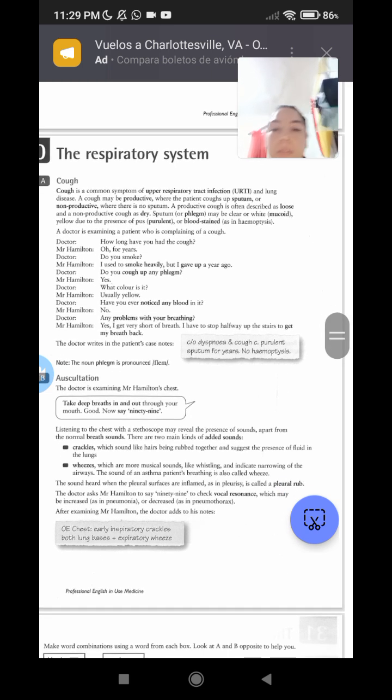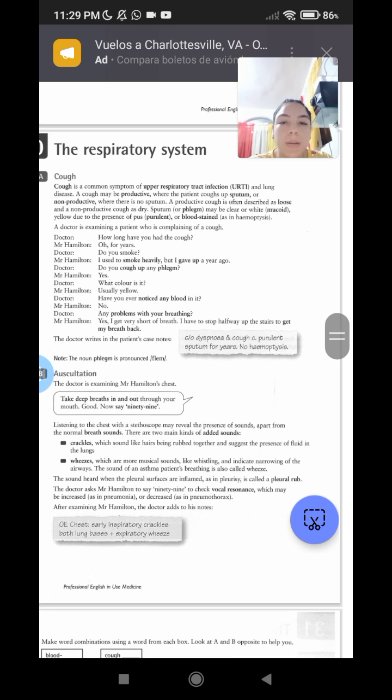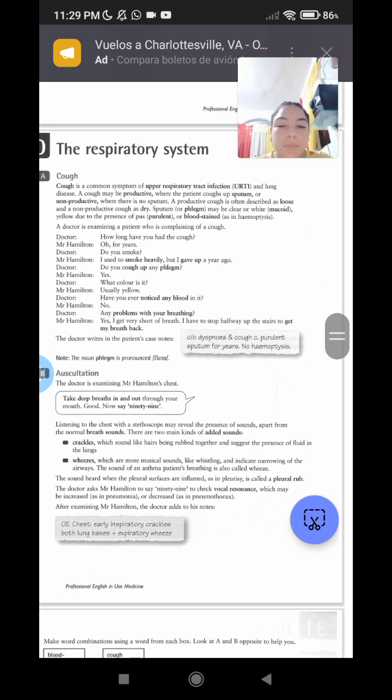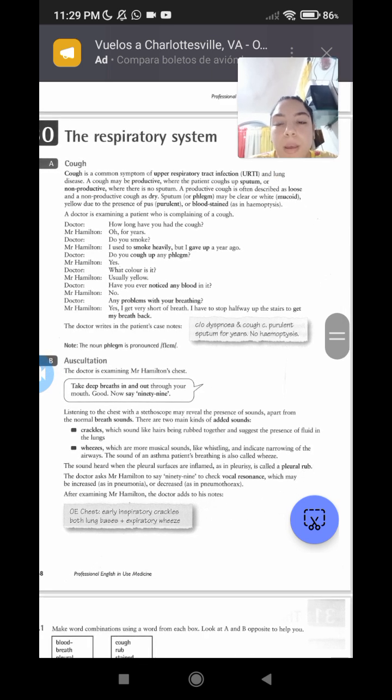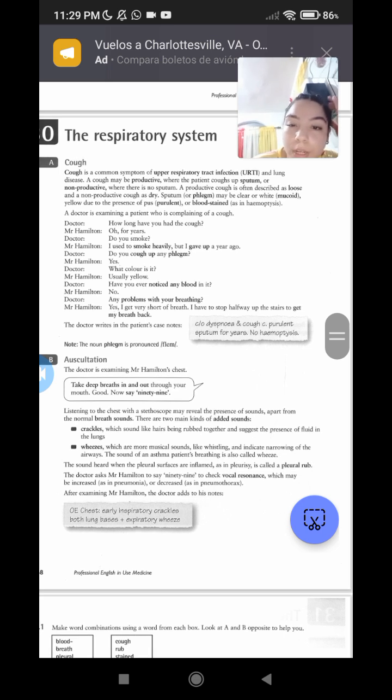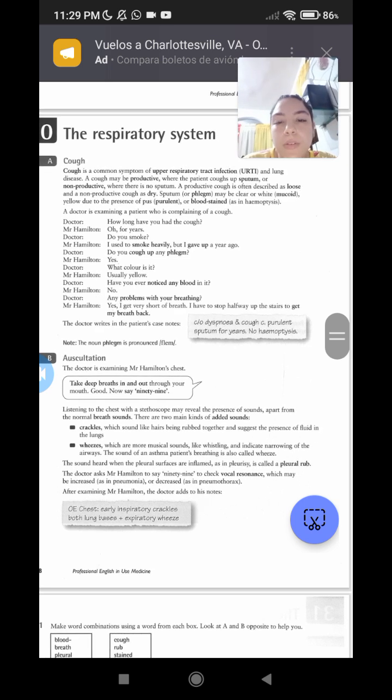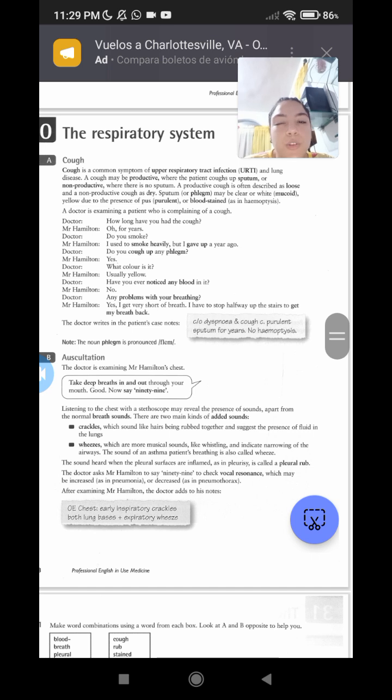Haemoptysis. A doctor is examining a patient who is complaining of a cough. Doctor: How long have you had the cough? Mr. Hamilton: About 4 years. Doctor: Do you smoke? Mr. Hamilton: I used to smoke heavily, but I gave up years ago. Doctor: Do you cough up any phlegm?